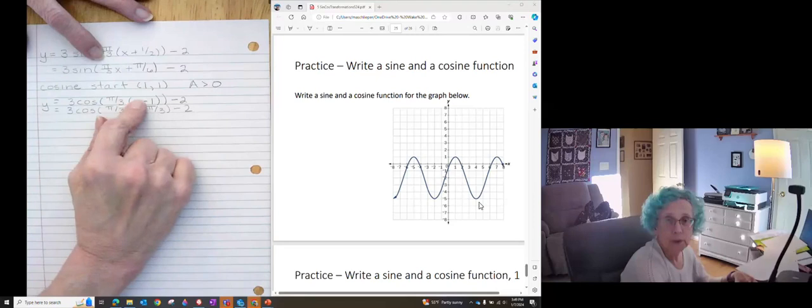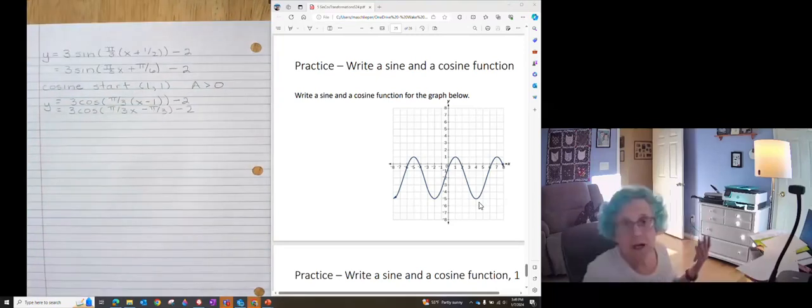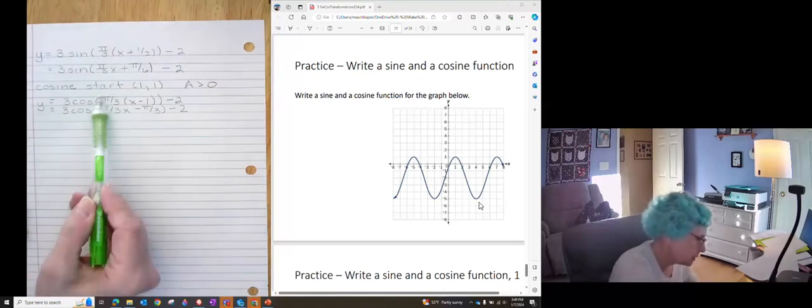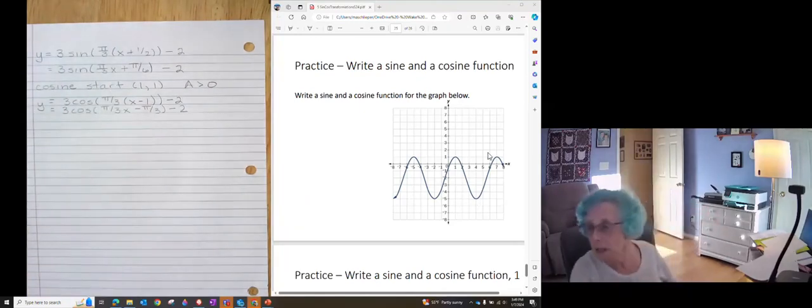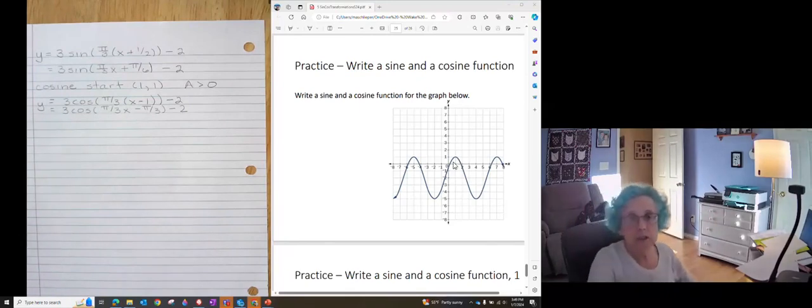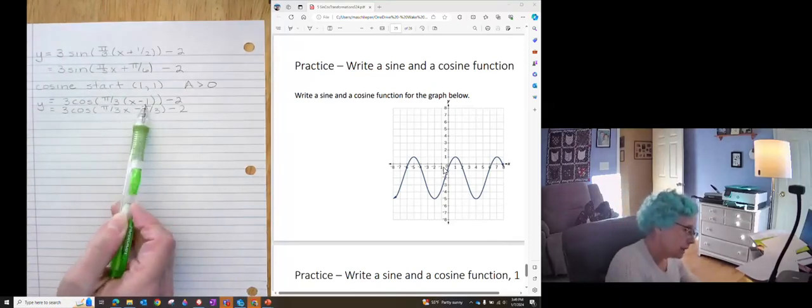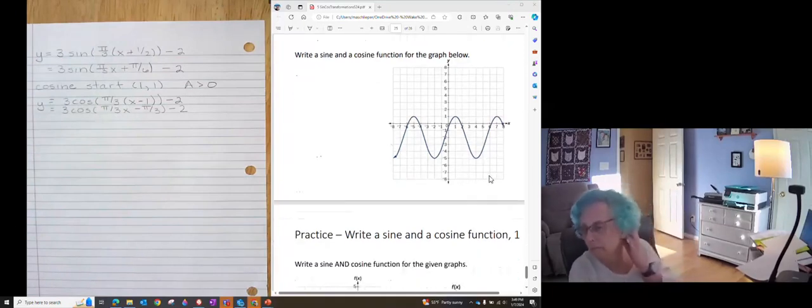But if you do the algebra, distribute the pi over 3, you end up with that C there that I solved for on the other side. For cosine, I decided to start at this first max at 1, 1, so we shifted it to the right 1, so it's just pi over 3 times x minus 1.